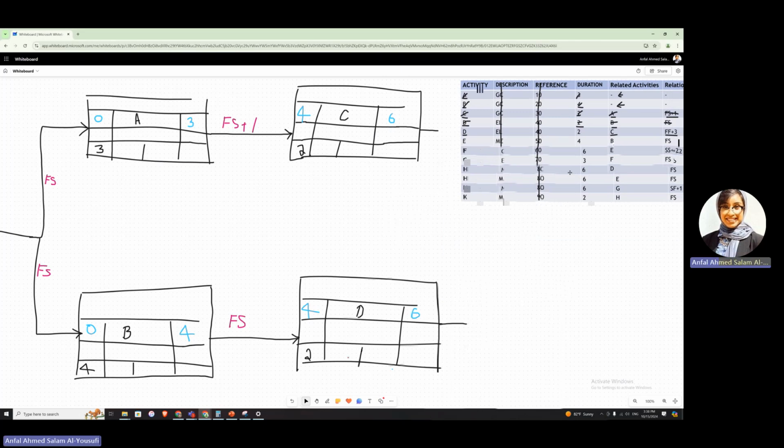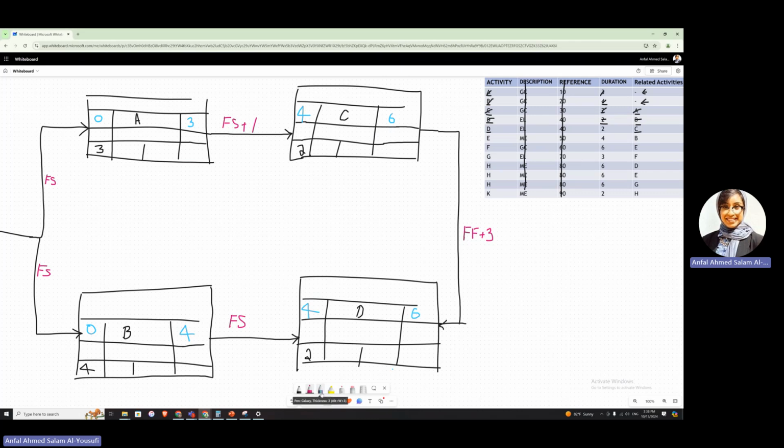Okay, so we need to do something that is called checking. If you are having two inputs, in this case I have an input coming from here and another input coming from here, so I need to check which number is bigger. Is it the one coming from C or the one coming from B? I cannot say for sure, so I would need to erase this and double check.